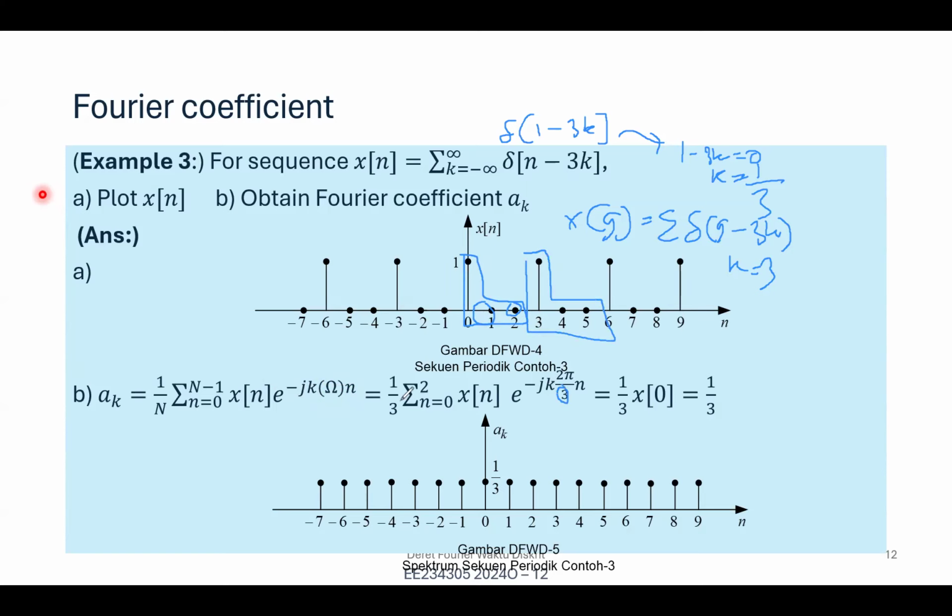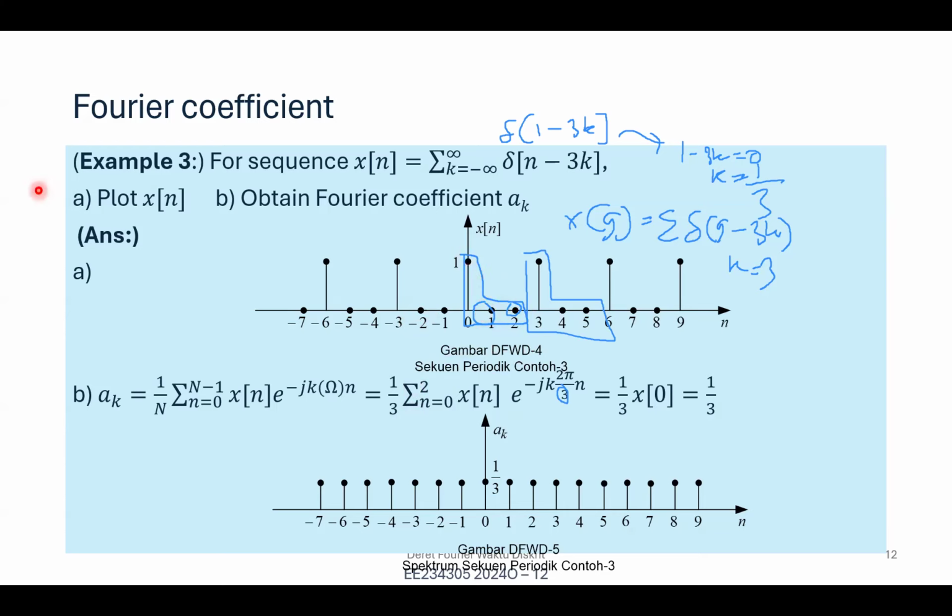So we can just plug in this value, right? For n equals 0 up to n equals 2, which is easy to do because now we do not have 1 and 2, since it's always 0.